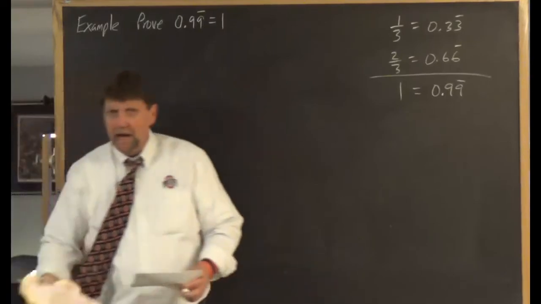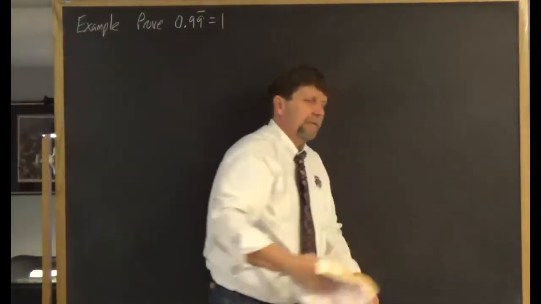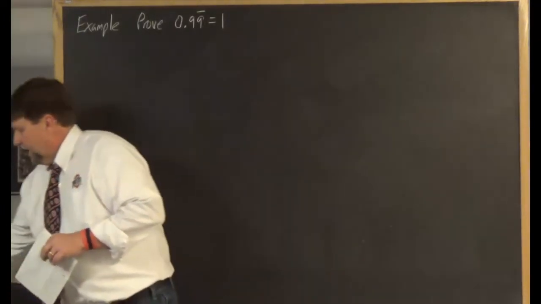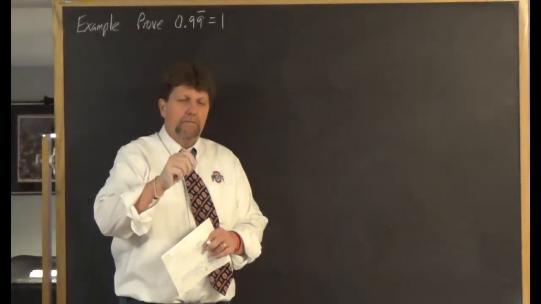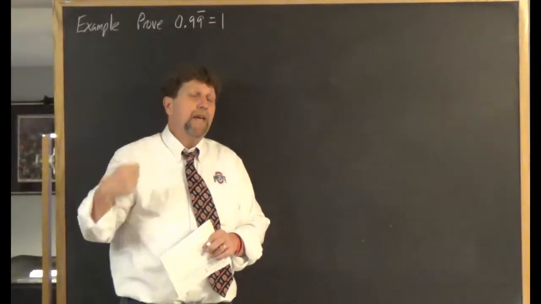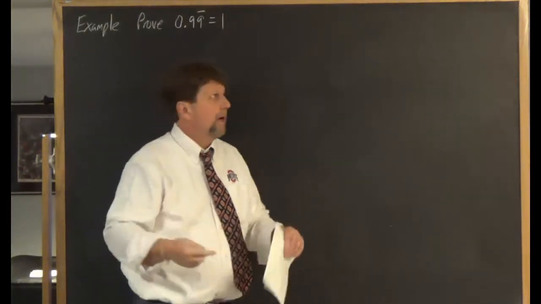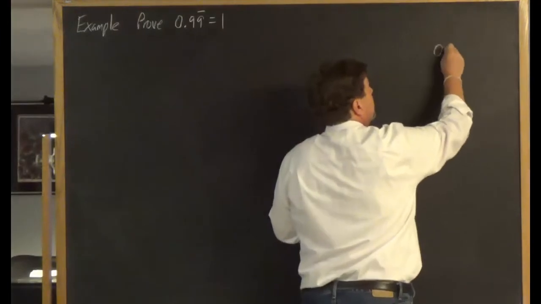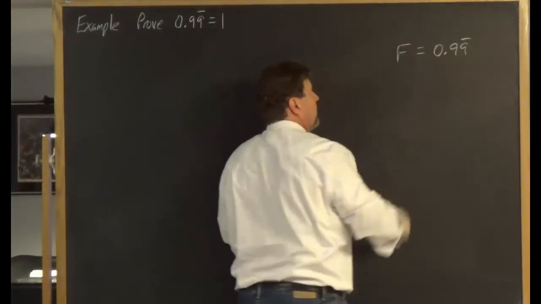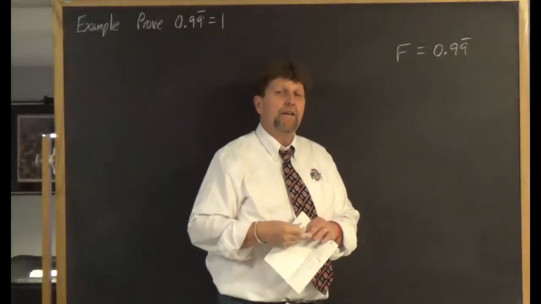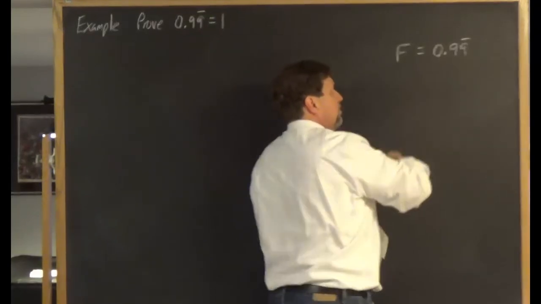And if someone knows algebra, a fact in algebra is that every decimal number that terminates or repeats can be written as a fraction. Here's a repeating number. There is some fraction, I'll call f, that's equal to 0.9 repeating. This is just a simple equation.